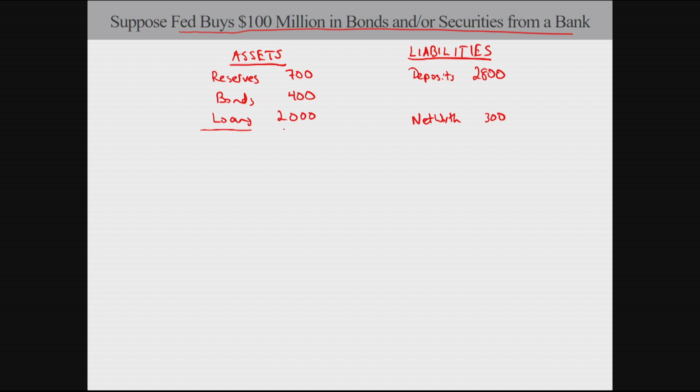What I'm doing here is simplifying to a significant extent how these open market operations affect this market, but the concept here is accurate. Now suppose that the Fed buys $100 million in bonds and or securities from this bank. So this is pre.